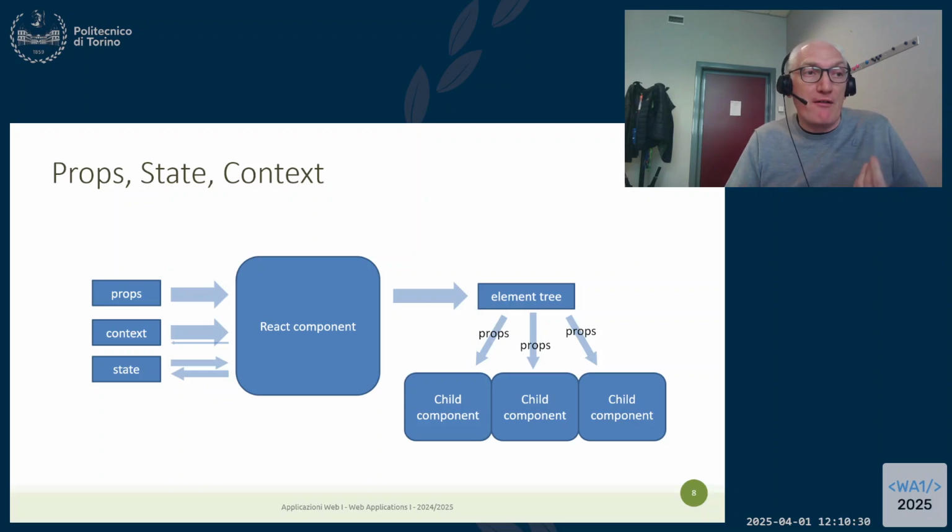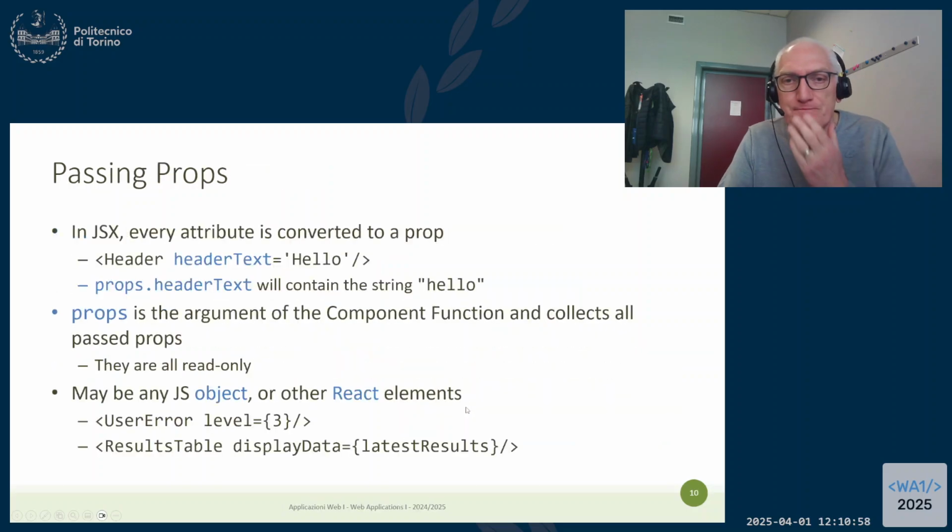But now we have a mechanism for storing some information in the state, changing this information, and this change may affect future renderings. So we will have two very separate moments: the moment in which you render the output, and in this phase the properties and the state should be thought of as constant, as immutable values. And then we have a mechanism for updating the state, not the props because they are not ours, but only the state.